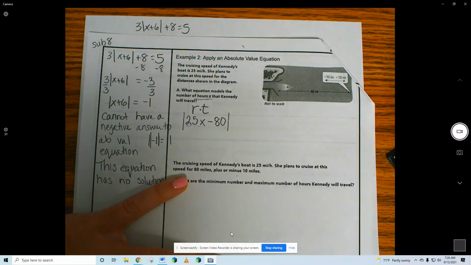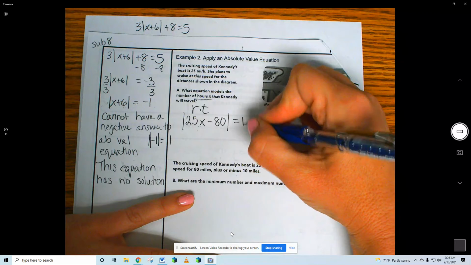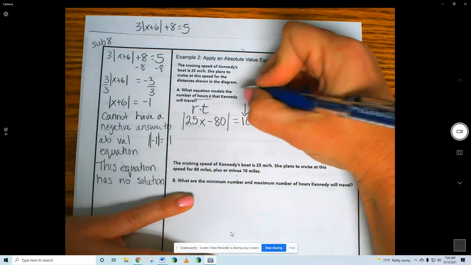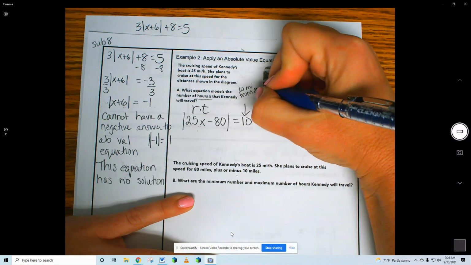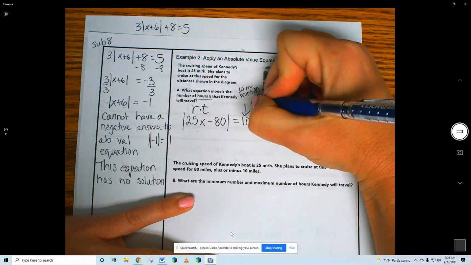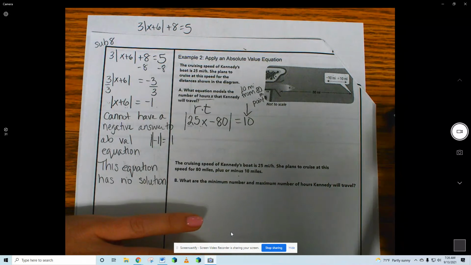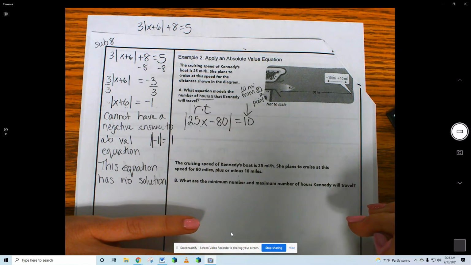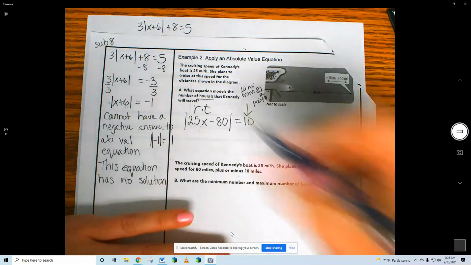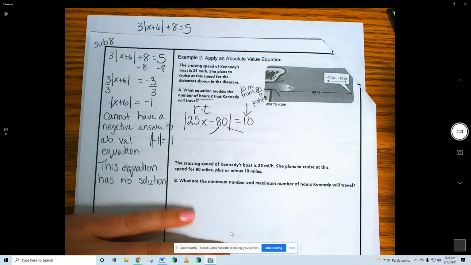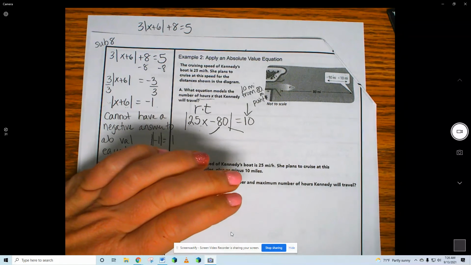And I'm making it equal 10 because she's 10 miles from the 80-mile point. So I've got two options here. I split it right now. I have the positive and the negative. I'm going to do a positive 10 and then I'm going to do a negative 10.